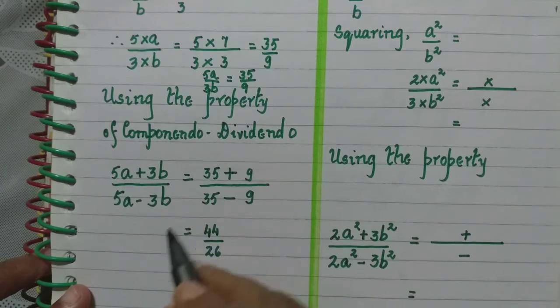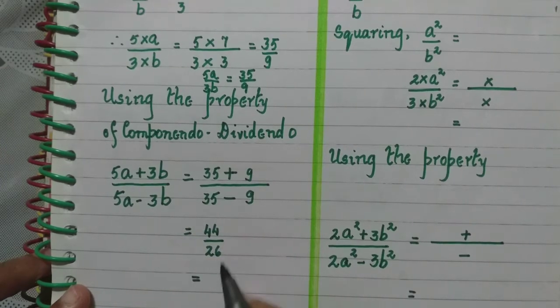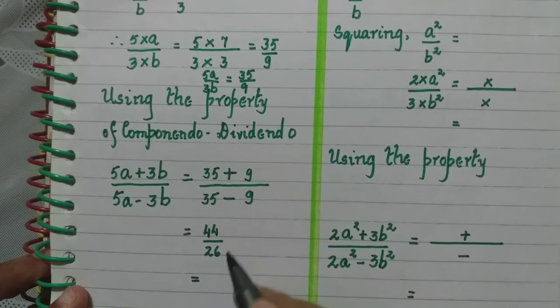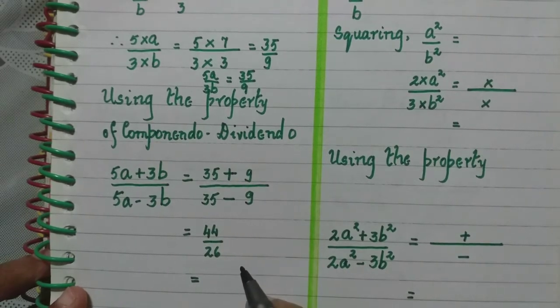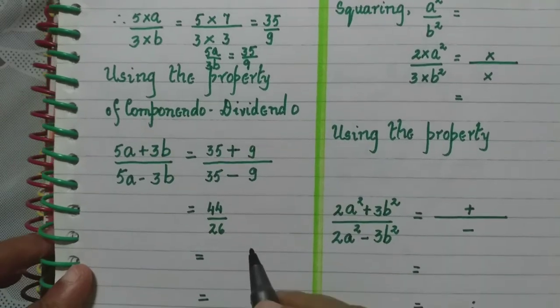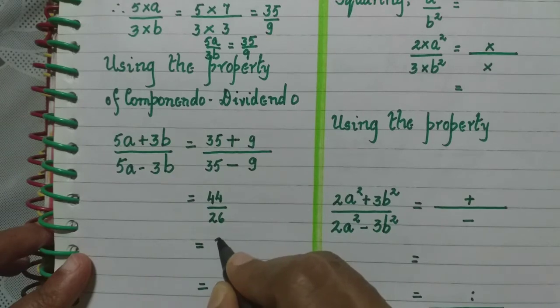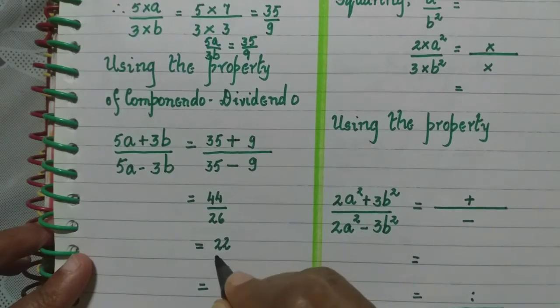So we get (5a plus 3b) upon (5a minus 3b) is 44 upon 26. Now we see that 2 is a factor in both of them, so we simplify this further. Simplifying 44 upon 26, this becomes 22 upon 13.